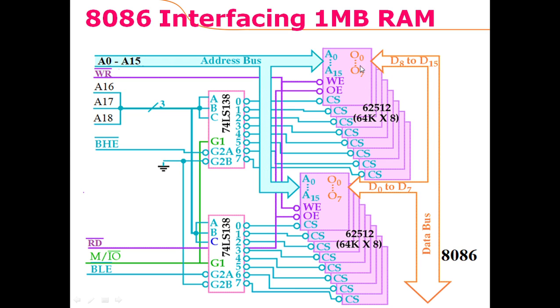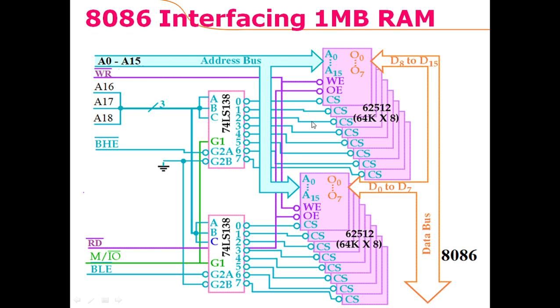Each chip has 8-bit output pins, and as there are 64K locations inside each chip, 16 pins are sufficient to address each location. So out of the 20-bit address, 16 lines, A0 to A15, are connected with the address input of every chip. There are 16 memory chips in total, each with a capacity of 64 kilobytes.